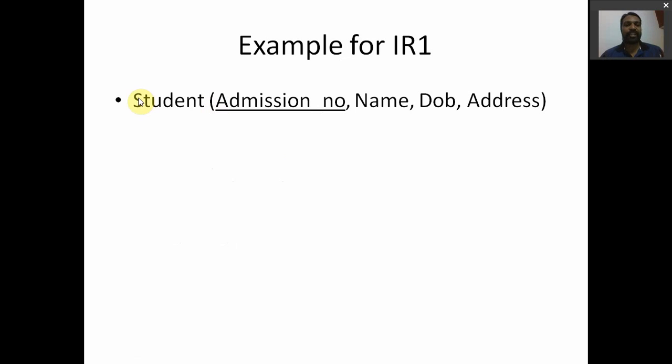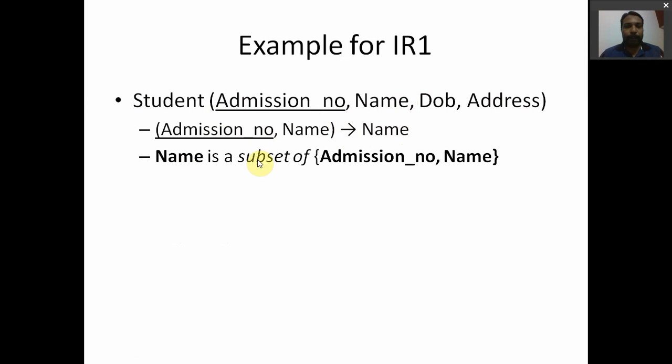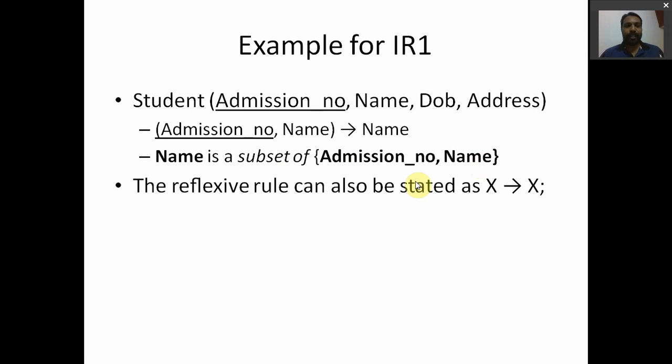So we have a relation student with admission number, name, date of birth, and address. If you have a functional dependency admission number, comma name to name, then we can see that name is a subset of admission number, comma name. So the reflexive rule can also be stated as x to x.